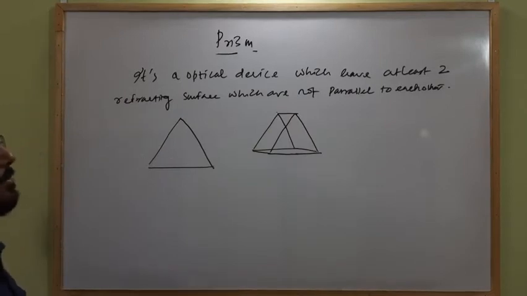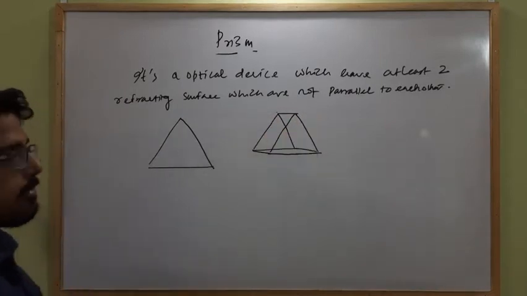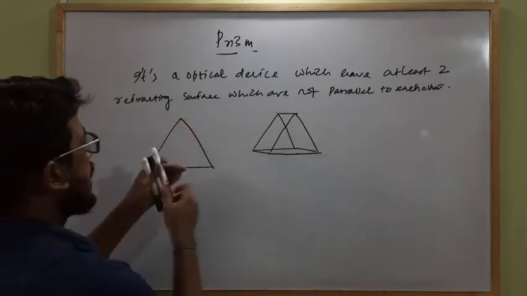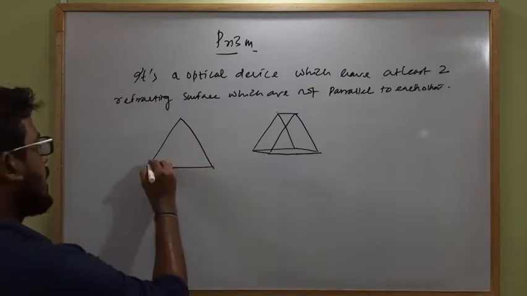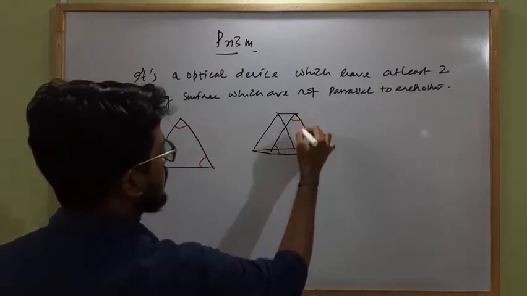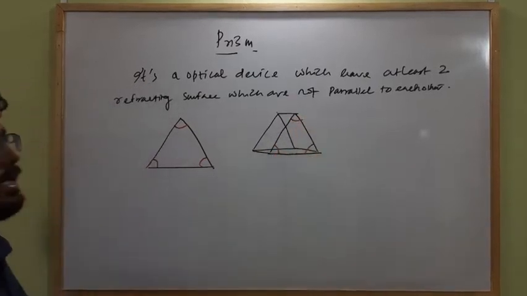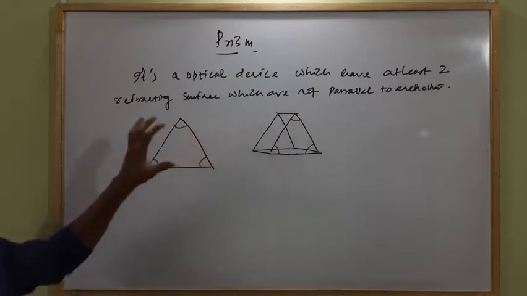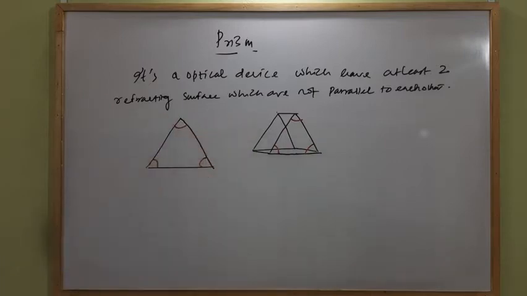It's a prism which has many faces, but any two faces should be inclined to each other like this. Here these two faces are inclined to each other. So this is basically known as a prism.